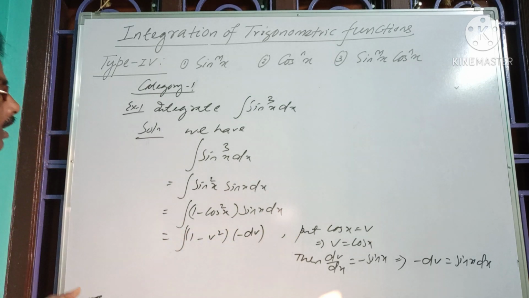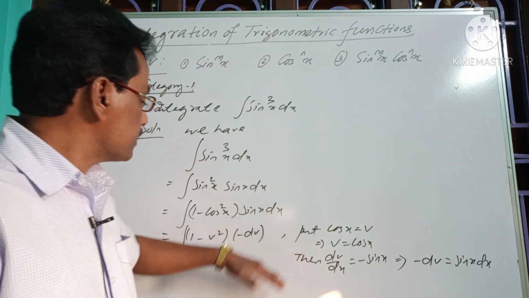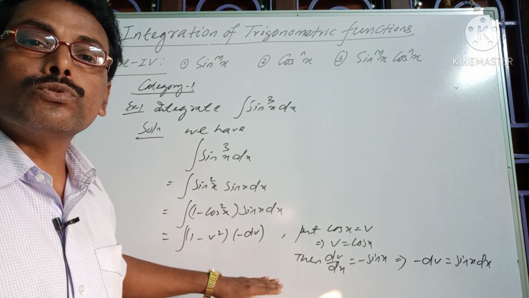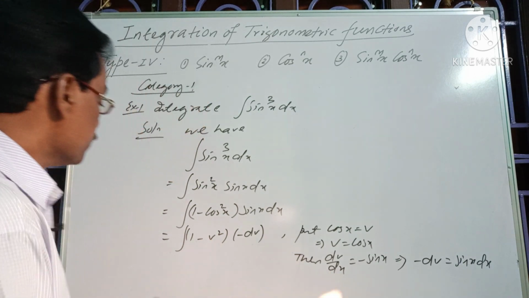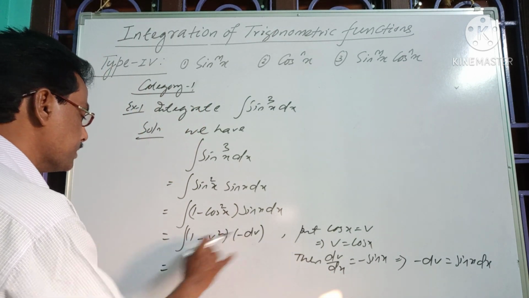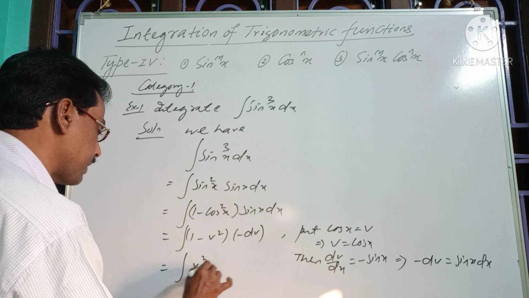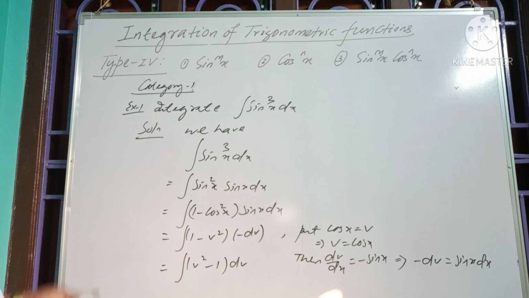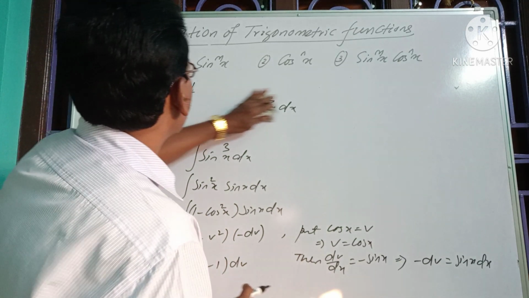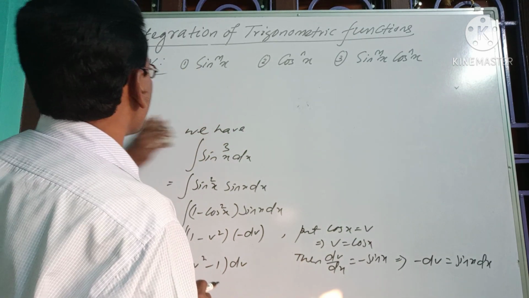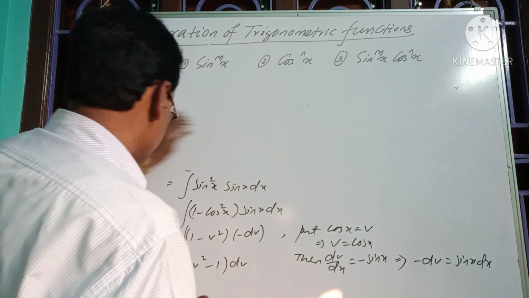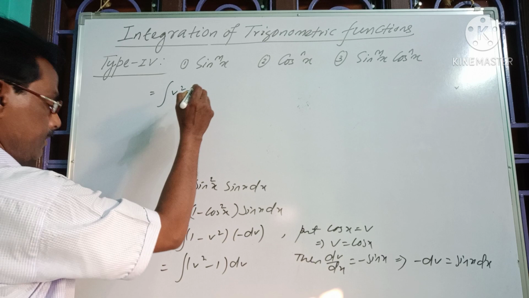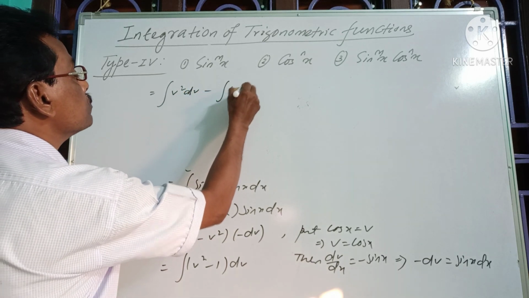Now after substitution, the integrand is transformed into a polynomial of v, which is easily integrable. So multiplying by minus, we have integration of v square minus 1 with respect to v. Now applying the algebra of integrals, we have integration of v square with respect to v minus integration of 1 with respect to v.